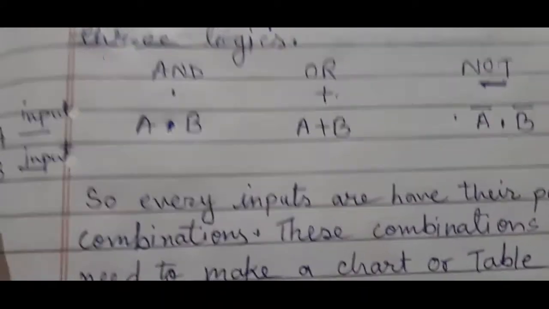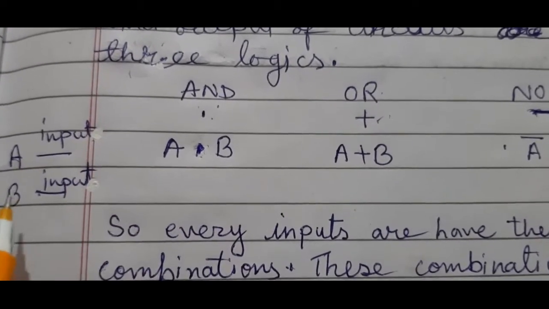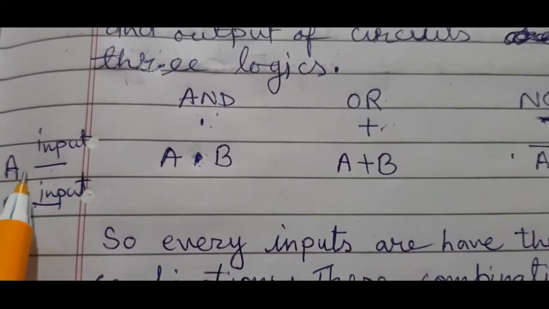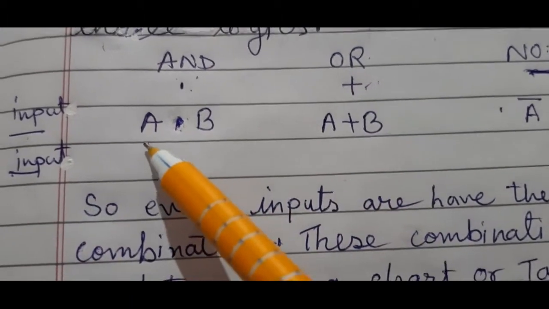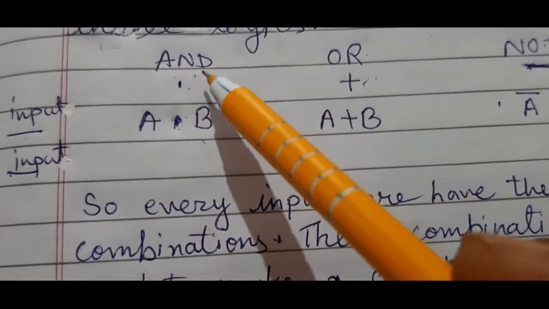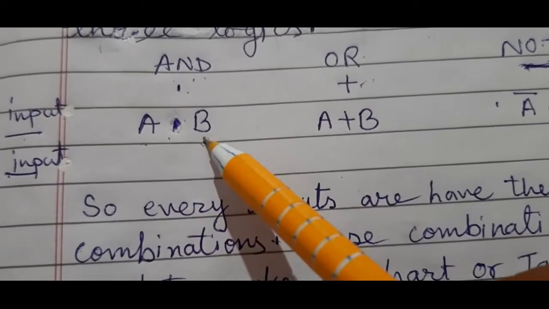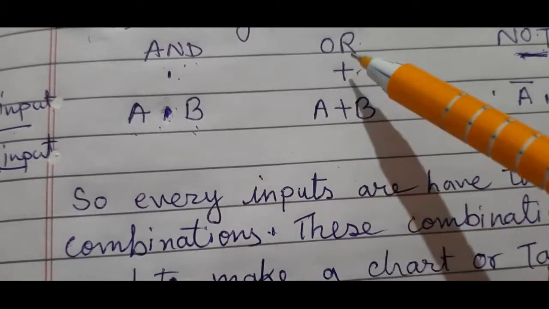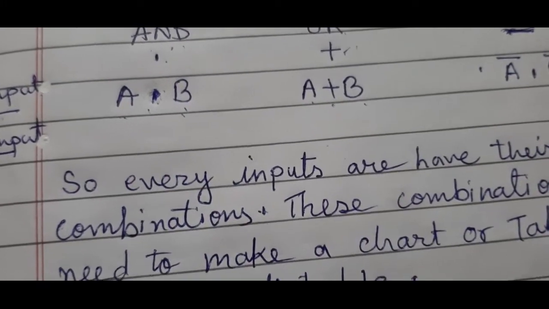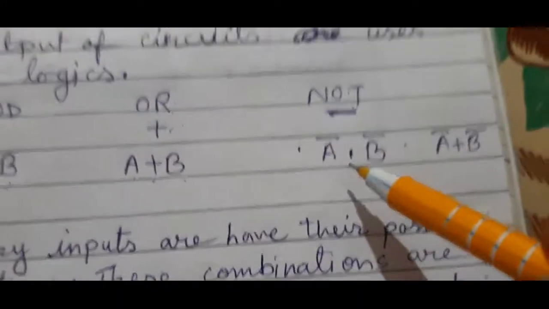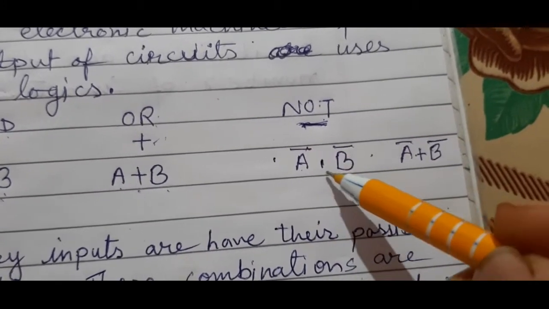So here you can see I have taken two inputs, A and B. When these two inputs come under the AND logic, it will be shown like A dot B. For OR, A plus B, and for NOT, as I told you, the upper line sign, it will be A upper line.